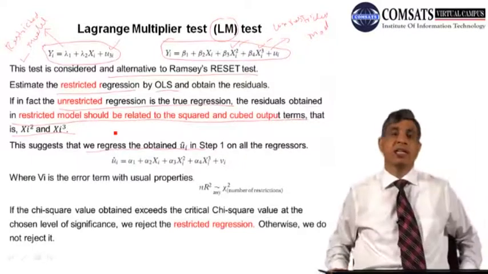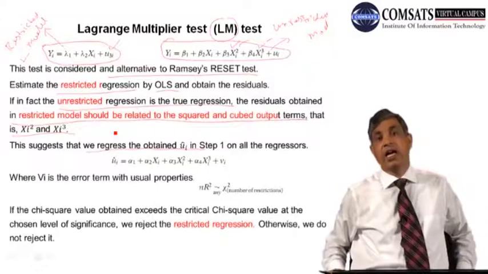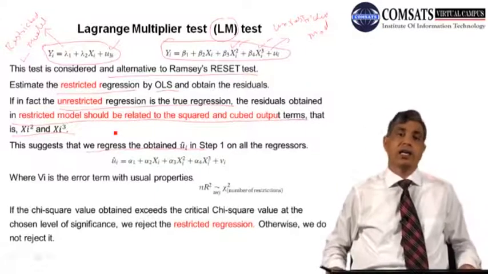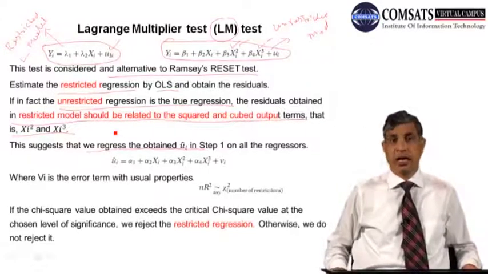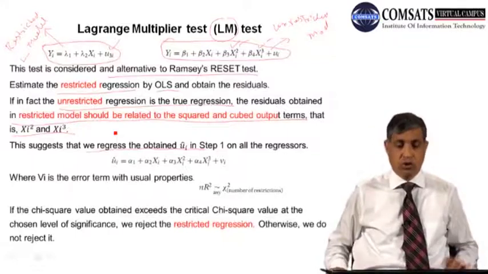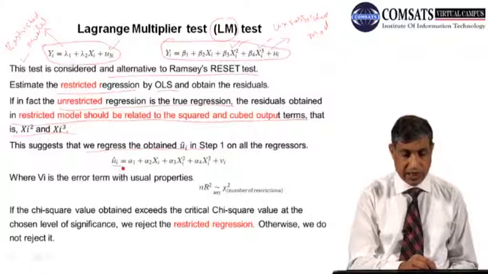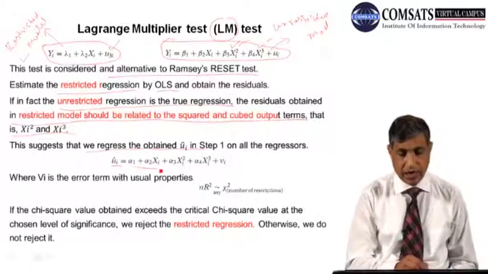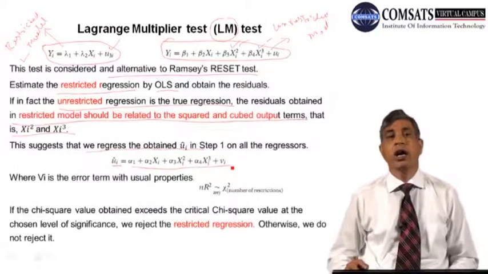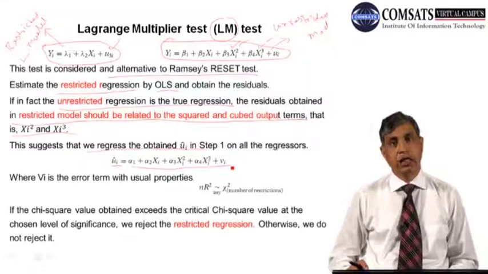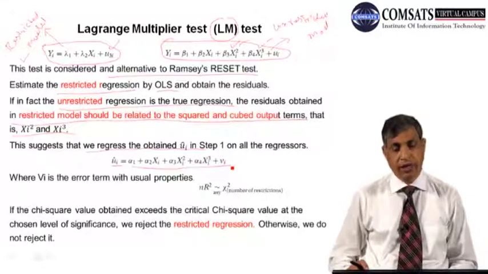We have identified the link between ui hat, if it is a true model, and xi square and xi cube. So if there is a link, we take it as the dependent variable and regress it on all the X's: xi, xi square and xi cube.